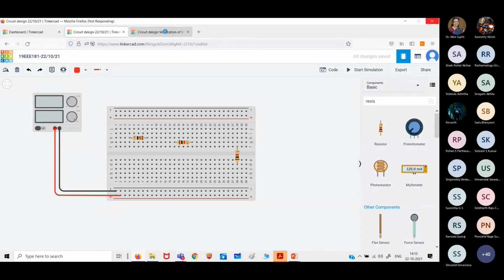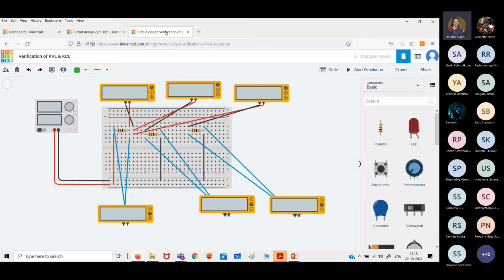So the moment you start connecting, there will be a lot of wires in your circuit. Troubleshooting becomes easy, knowing where we have connected and how we have connected.